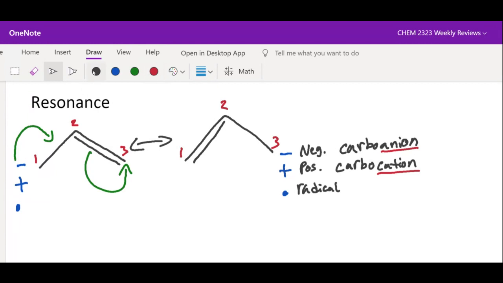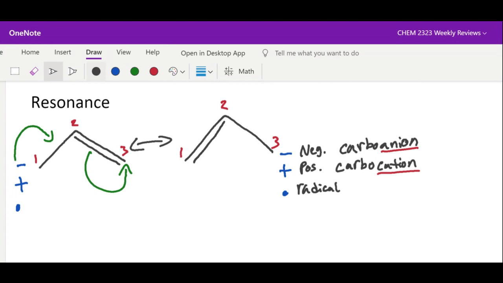The only new part is the carbo part, which stands for carbon. So it's an anion or a negative charge on a carbon, and a cation or a positive charge on a carbon. Know what those words mean and get used to that terminology. Obviously I'm not going to say that all the time. I'm just going to use negative or positive, just some side information that may come in handy in the future.